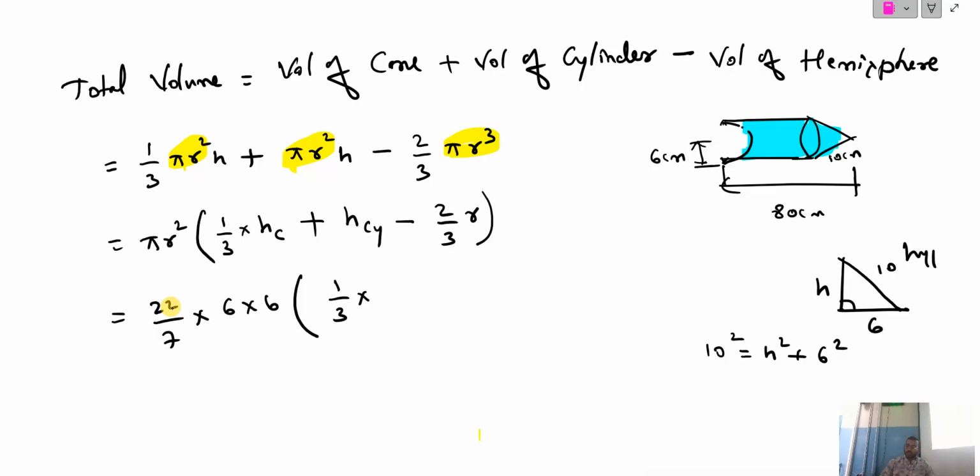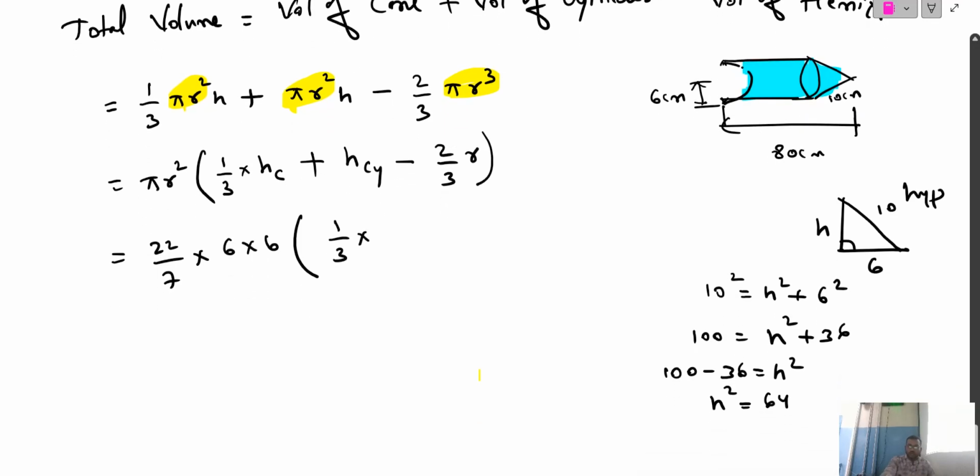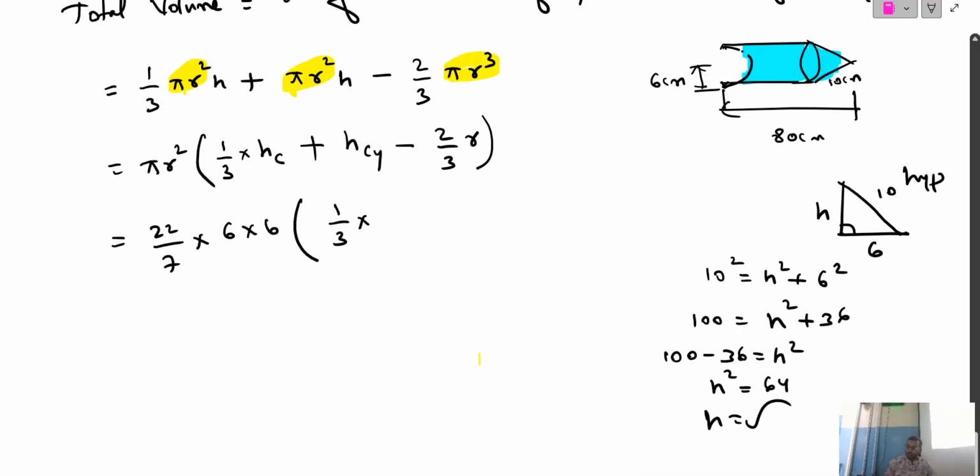So 10 square, 100, is equal to h square, as it is, plus 6 square, which is 36. So 100 minus 36 is equal to h square. So h square is equal to 64. Then h is equal to root of 64. Then h is equal to 8 centimeters.